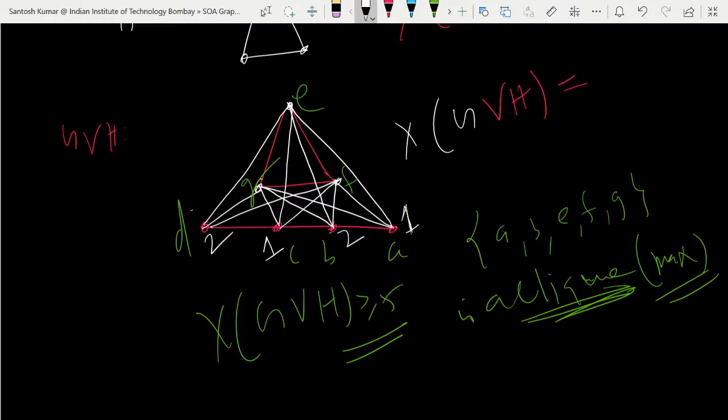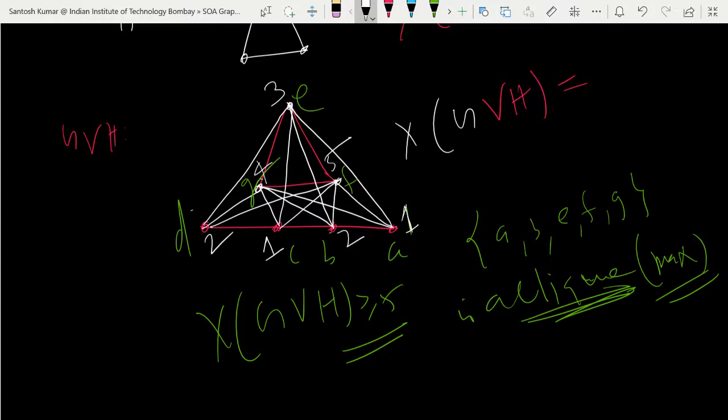And then E F G, it is a triangle, so you have to give the third color. And E is adjacent to D as well as A, so that's why you cannot give 1 or 2, you have to give the third color. And then E G F is a triangle, so you have to give different colors to the vertices.